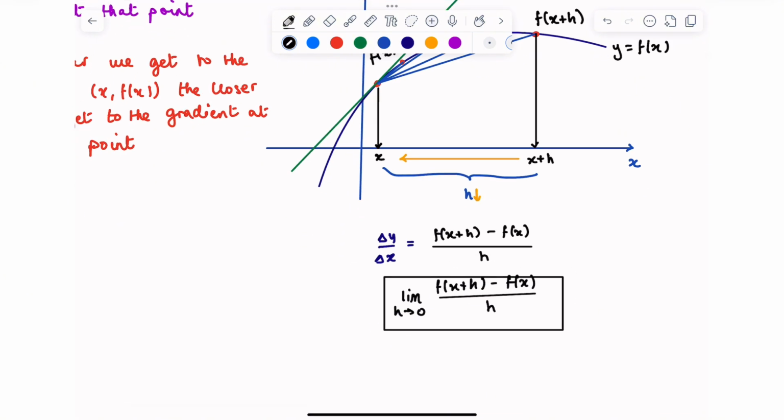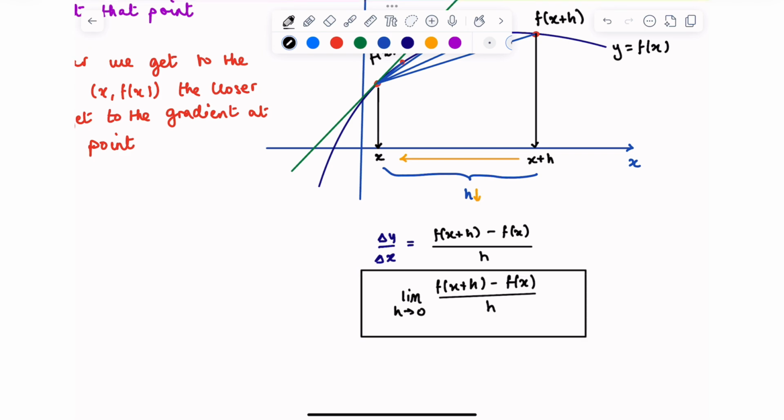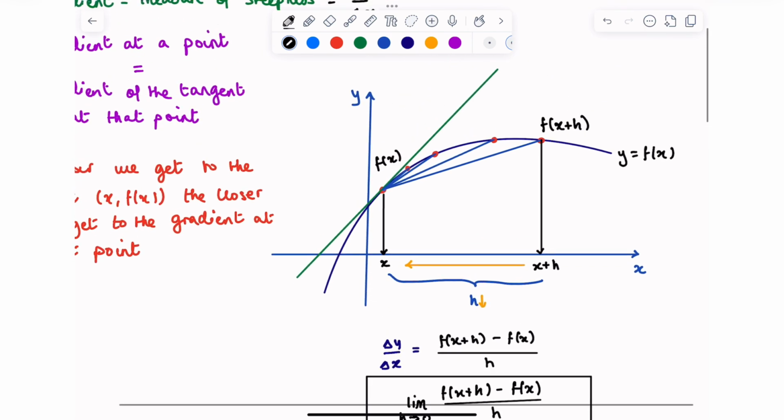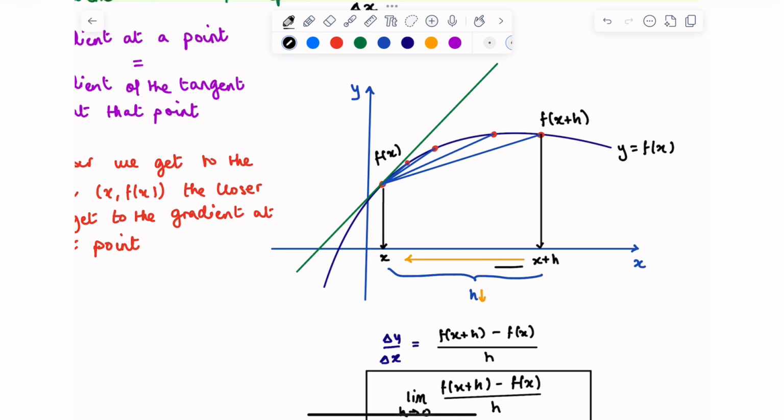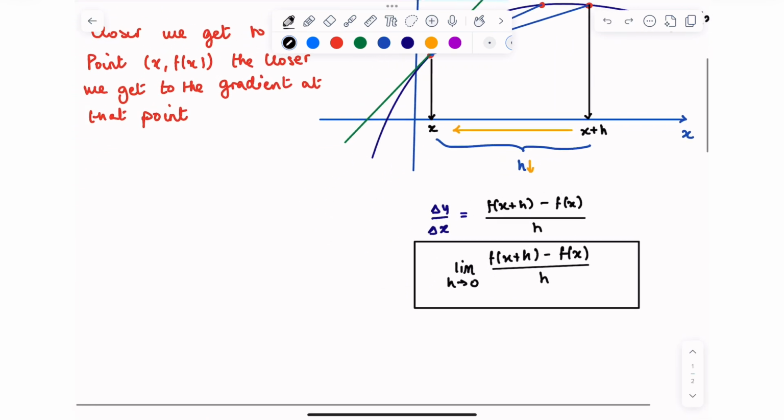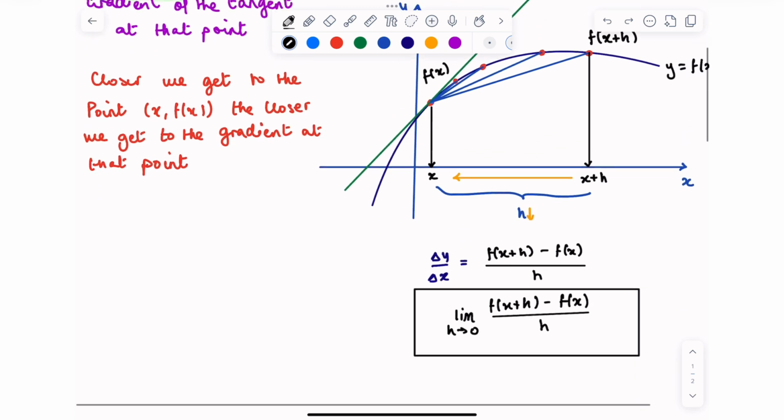And this is the main idea behind the derivative. So the smaller we make h, the closer we get to the gradient of this point. Perfect, amazing. And that is the derivative.